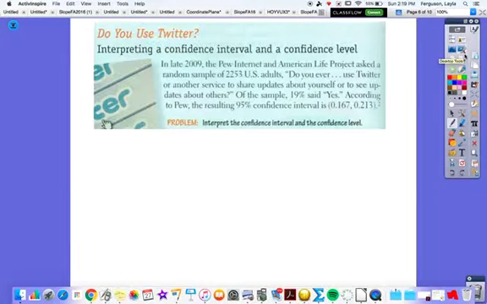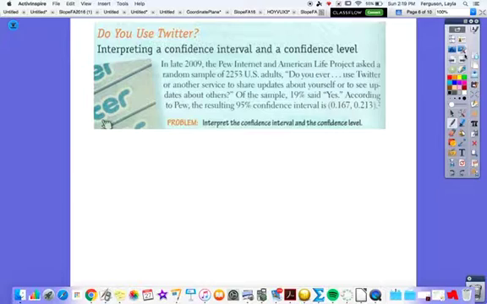An example of interpreting a confidence interval and confidence level: in late 2009, the Pew Internet and American Life Project asked a random sample of 2,253 U.S. adults, do you ever use Twitter or another service to share updates about yourself or to see updates about others? Of the sample, 19% said yes.